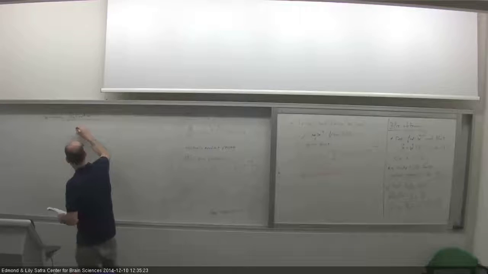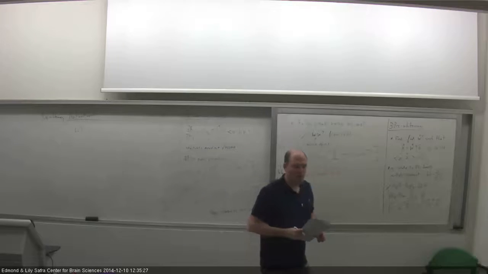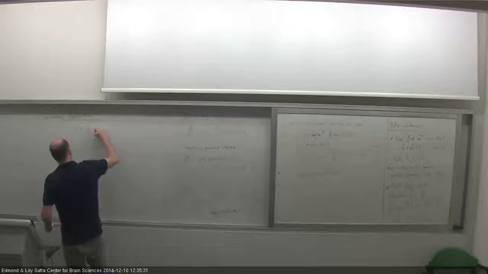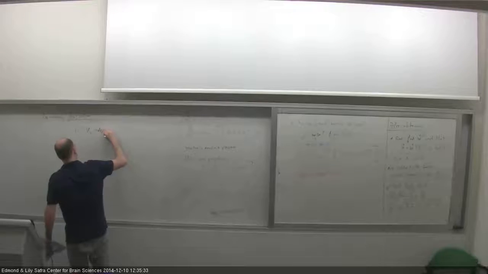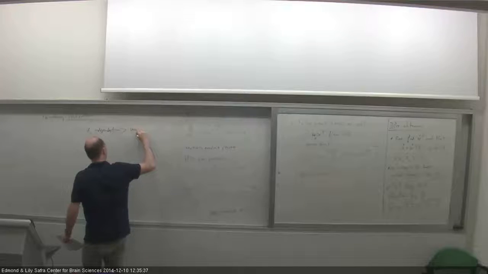The first one is that we know that if the u's are independent, which is what we're trying to achieve, then they're necessarily uncorrelated.